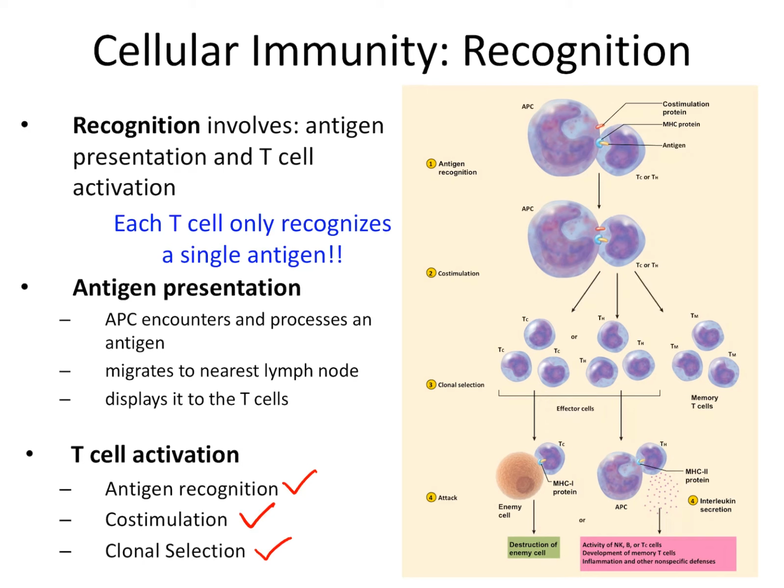Now, the majority of the copies that it makes are going to go on to be effector cells, or essentially these cells that are going to go off and perform their specialized function to fight against this particular pathogen. Some of those cells will become memory cells, which we'll talk about in a couple slides.